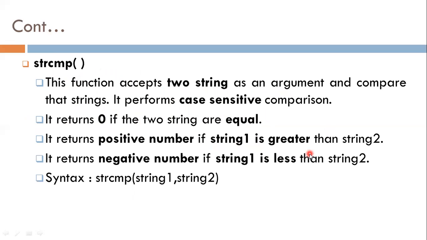If string 1 is greater than string 2 according to ASCII value, then it returns a positive number. And if string 1 is less than string 2 in ASCII value, then it returns a negative number. The syntax is strcmp, string 1 comma string 2.